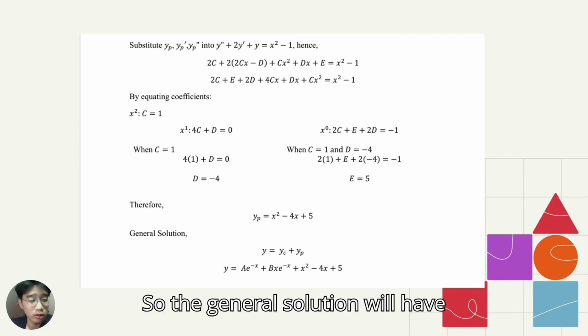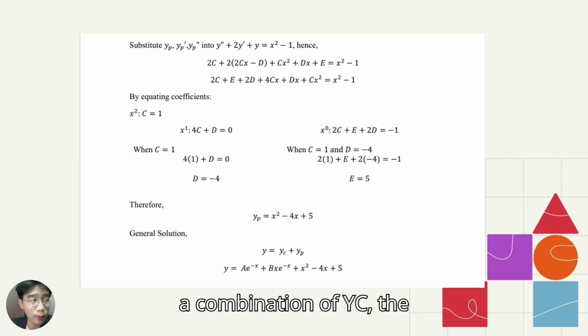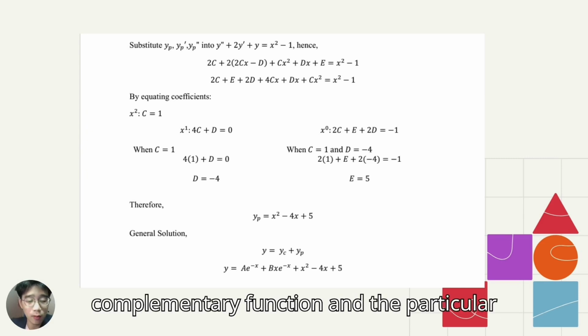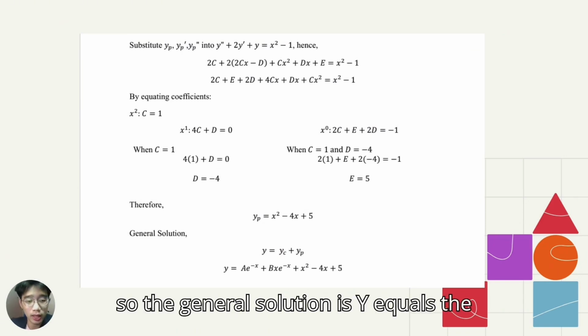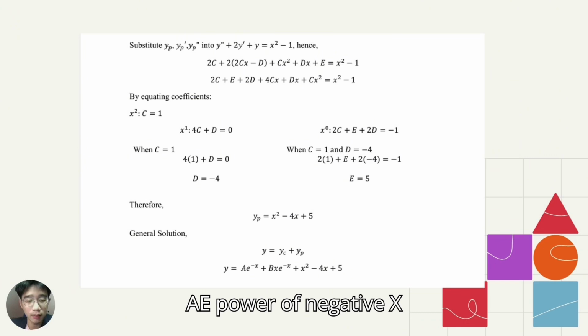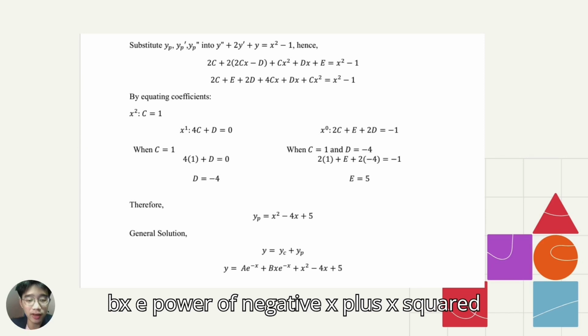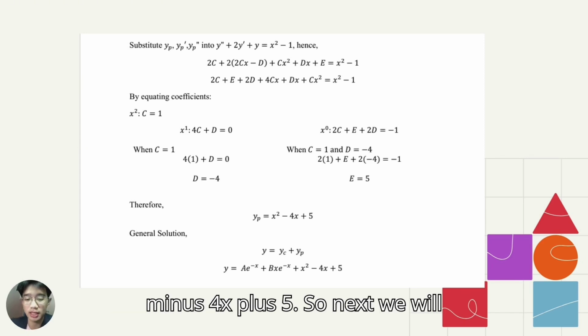The general solution is a combination of yc, the complementary function, and the particular function. So the general solution is y equals Ae power of negative x plus Bxe power of negative x plus x squared minus x plus 5.